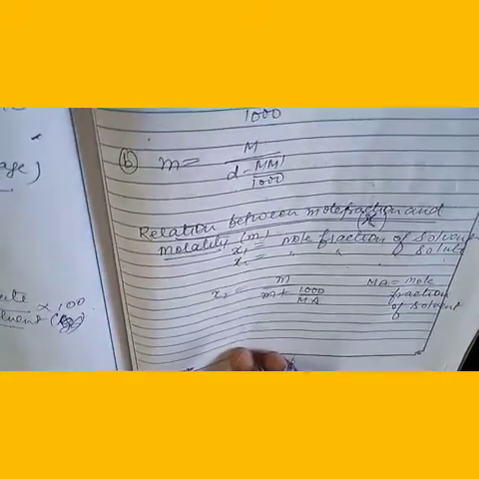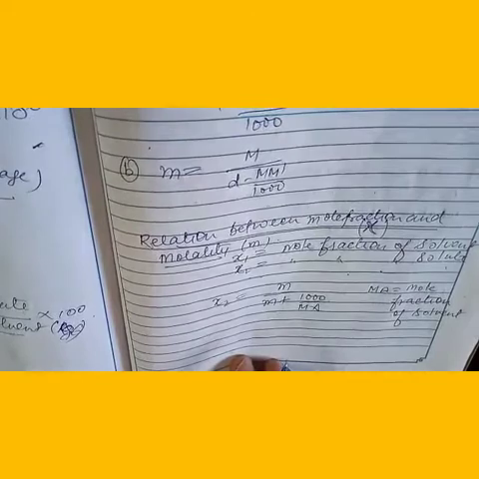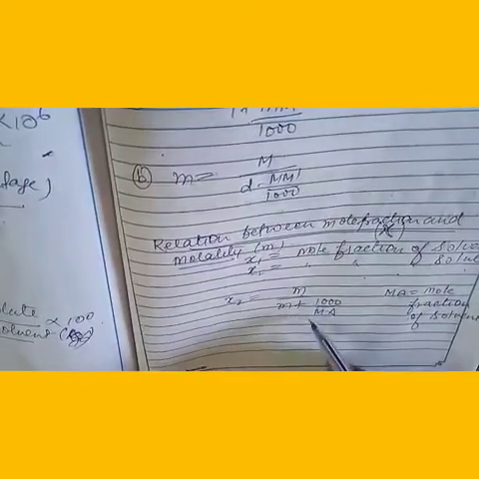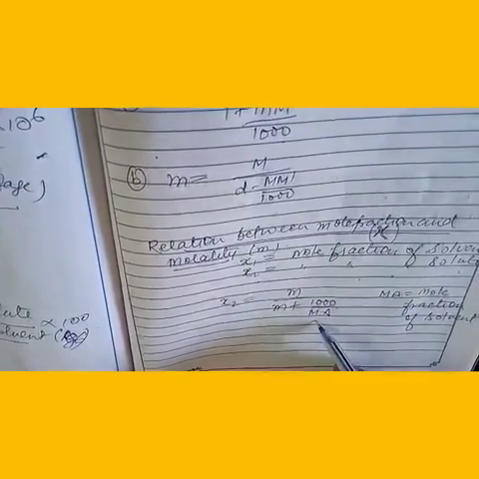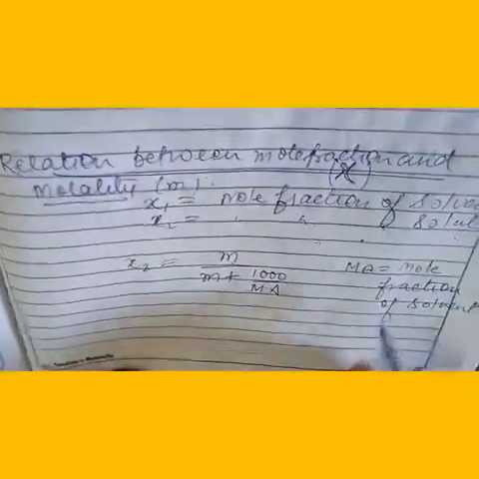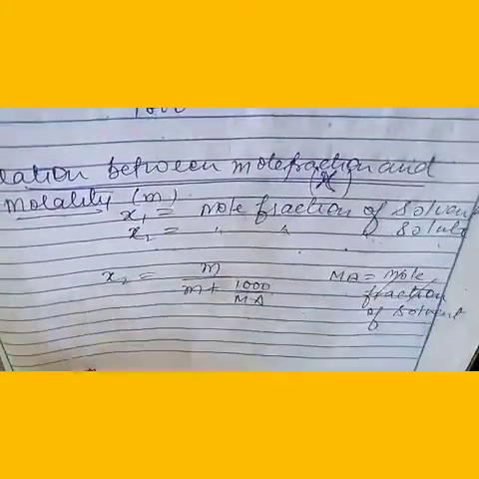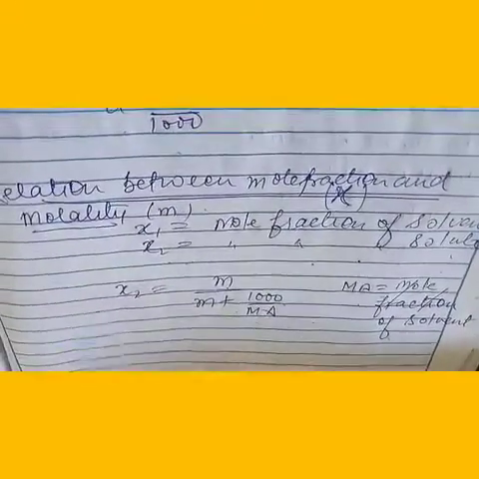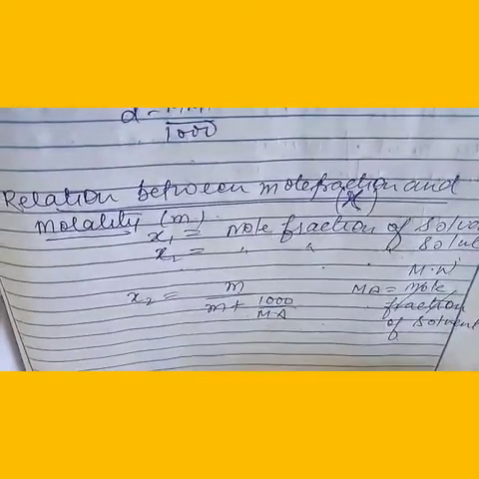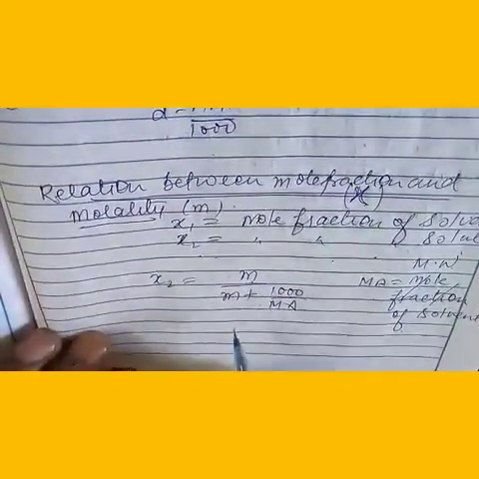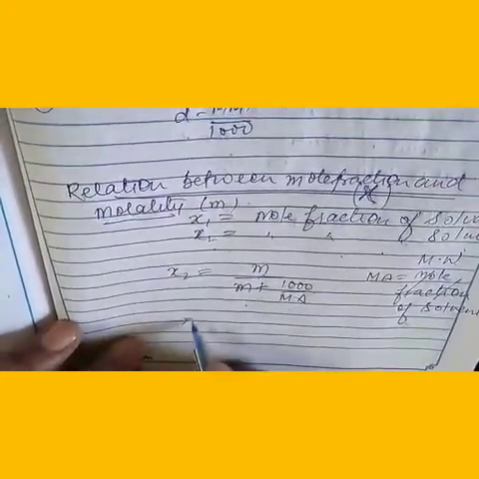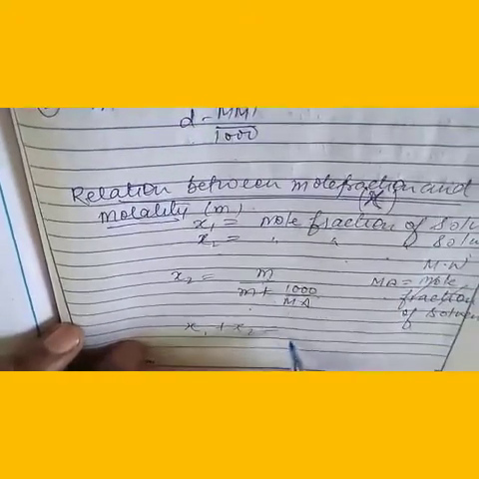So x2, the mole fraction of solute, is calculated by small m upon small m plus 1000 upon Ma, where Ma means molecular weight of solvent. Clear? And here small m means molality. Clear? And we know that x1 plus x2 is equal to 1.